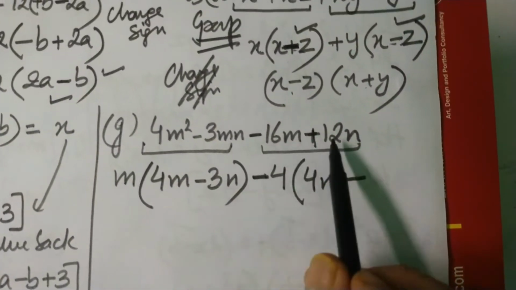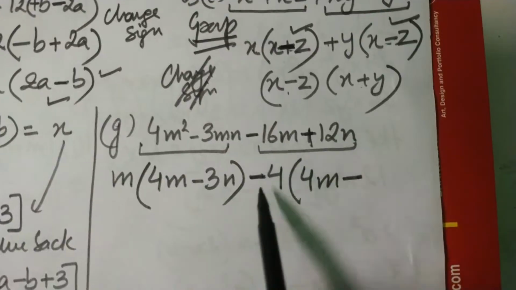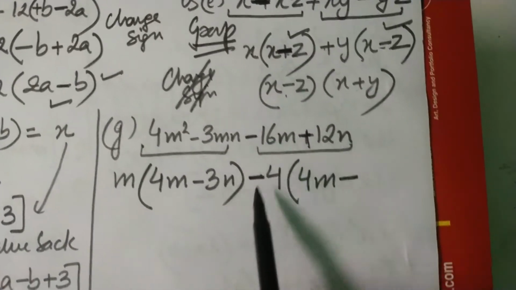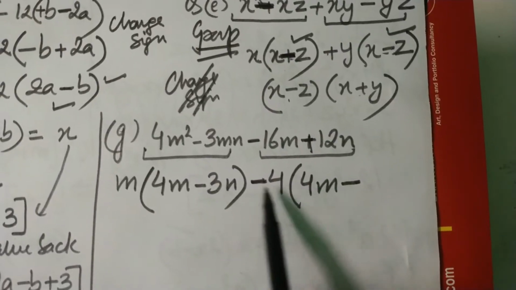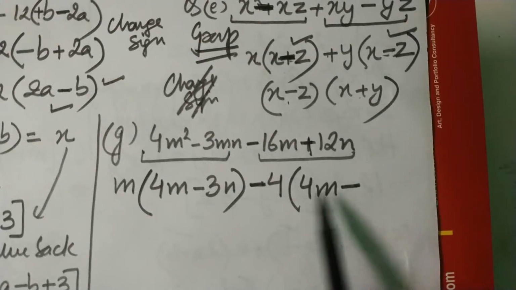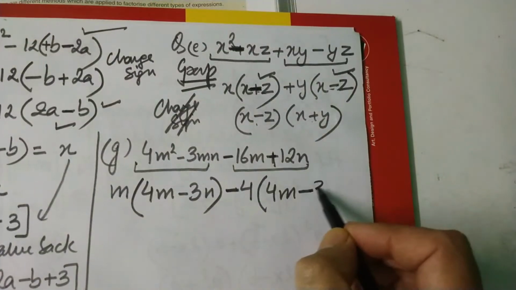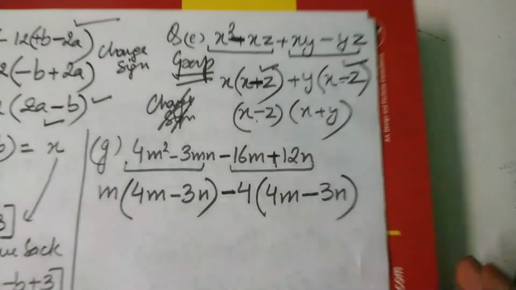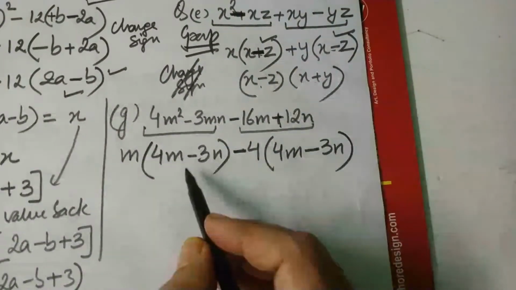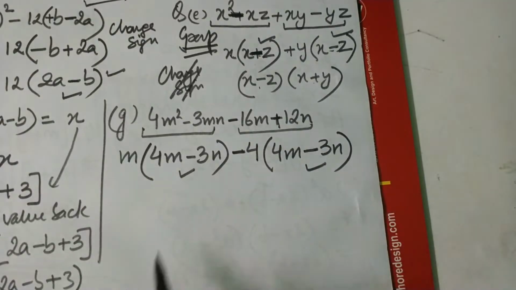Minus 16 and plus 12, HCF is 4. 4 into 4 is 16, so I need minus 16, so it is minus here and plus 4. Then I need plus 12 here, so I have to put minus here and minus here. 4 into 3n is plus 12n. Now you are seeing again this bracket and this bracket are same.